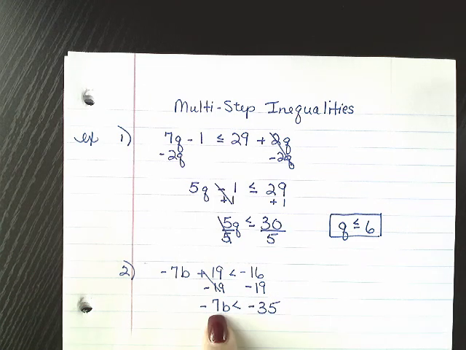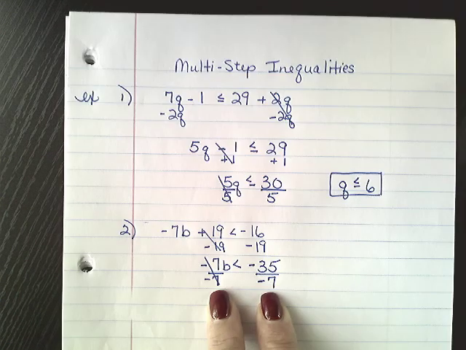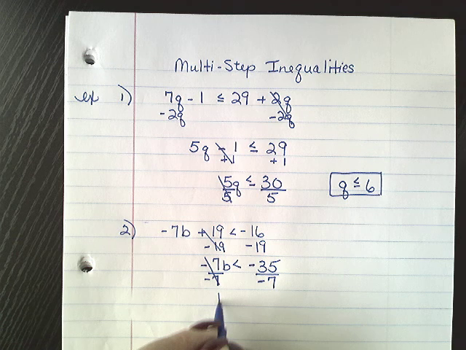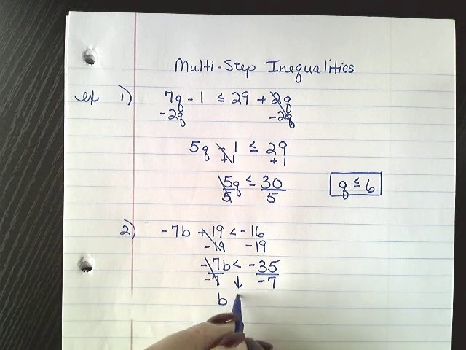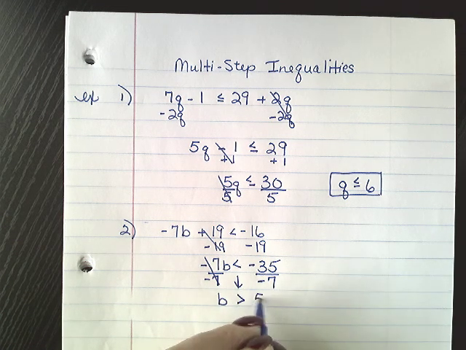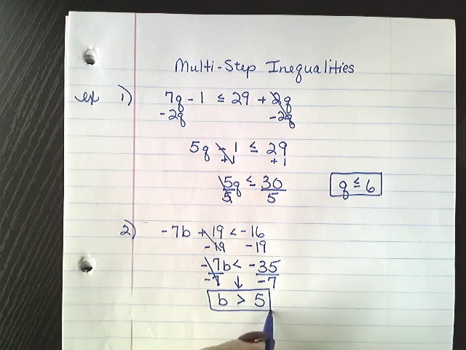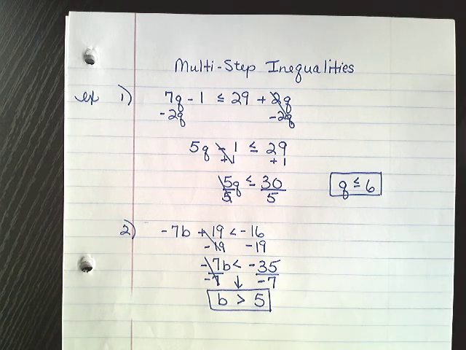Now my coefficient is negative, so I need to divide both sides by negative 7. When I'm dividing by a negative number, we need to remember to flip the symbol. So b, flip that symbol, is greater than 5. You must remember to flip the symbol when we multiply or divide by a negative coefficient.